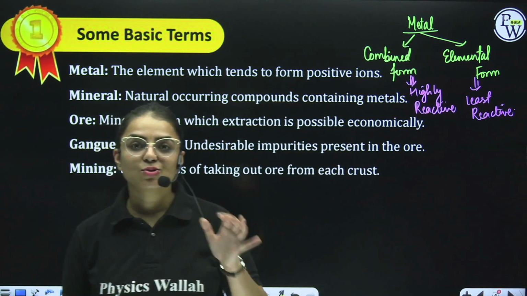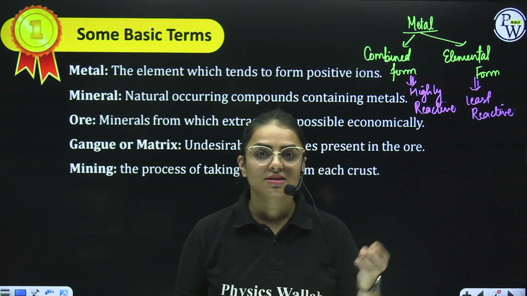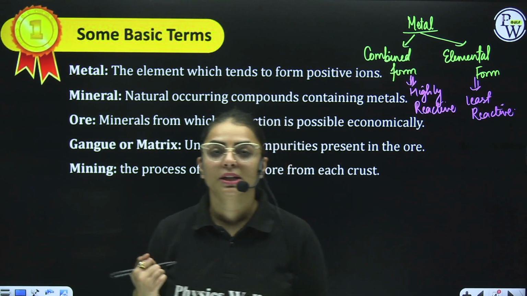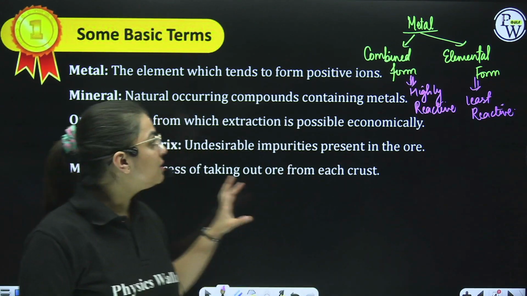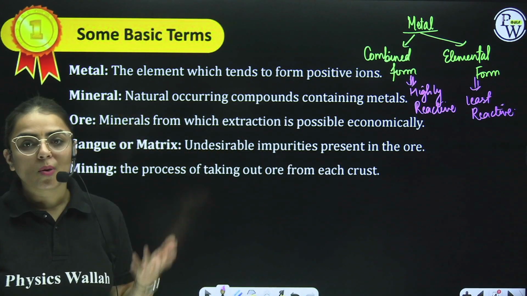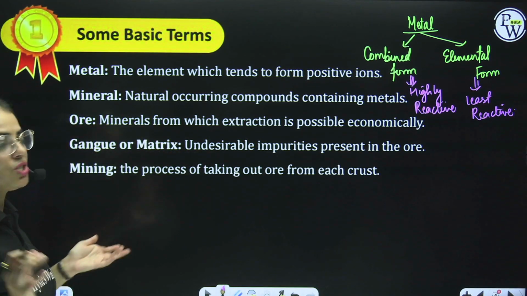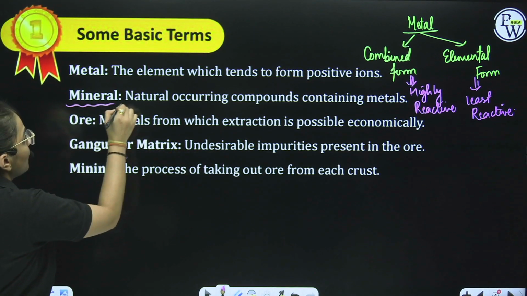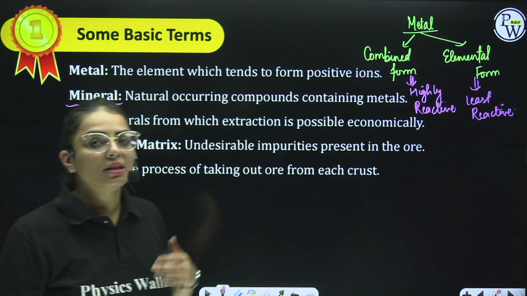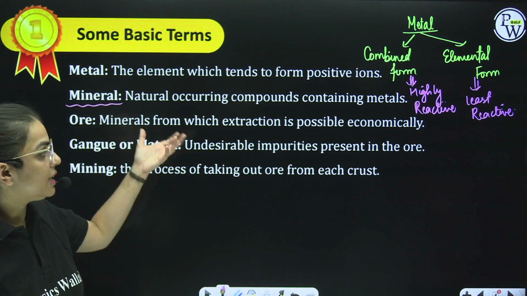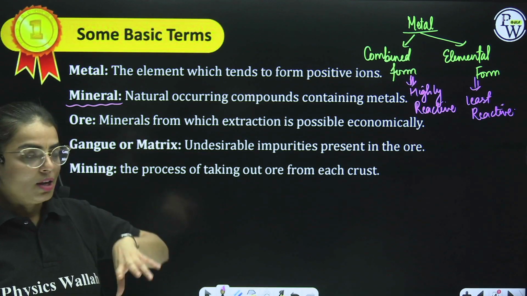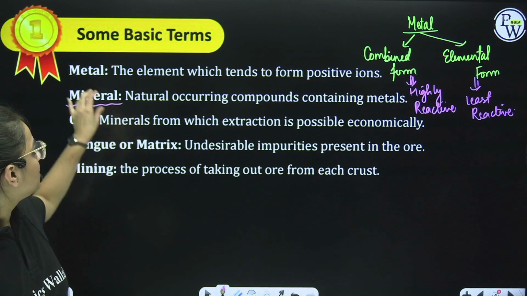You very well know what a metal is. We have understood metal in our lower standards, class 9th and 10th. Metal is basically an element which tends to form positive ions. Now our chapter starts from which term? What is a mineral? A mineral is a naturally occurring compound which contains metals. That means we can find it from the earth's crust.